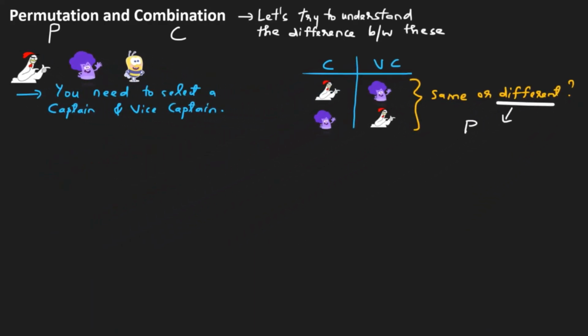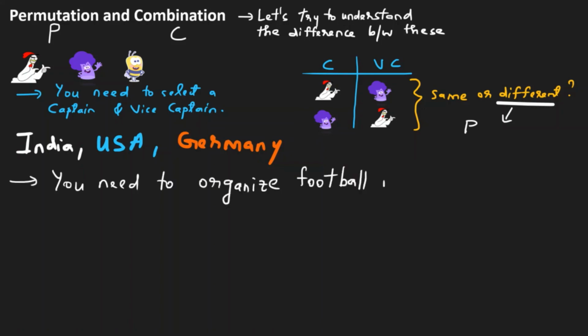Alright, now let's take another example. Say we have 3 teams: India, USA, Germany, for example. And from these 3 teams, you need to arrange football matches. Now say in one way in which I want to arrange a match is India versus USA. Another way is USA versus India.